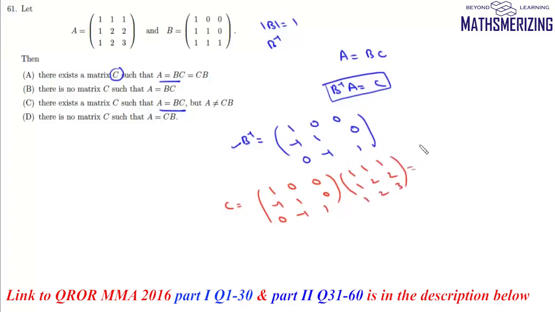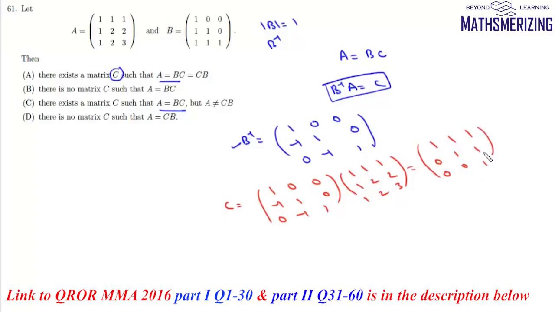So we'll multiply it, we'll get 1 1 1, here it will be 0 1 1, and this one will be 0 0 1. So that is the value of C.